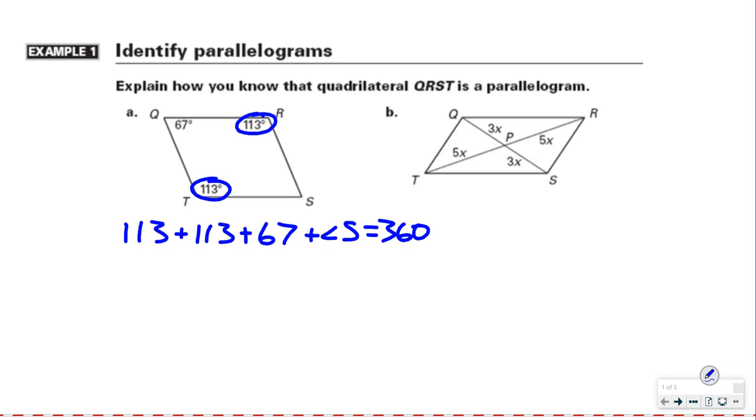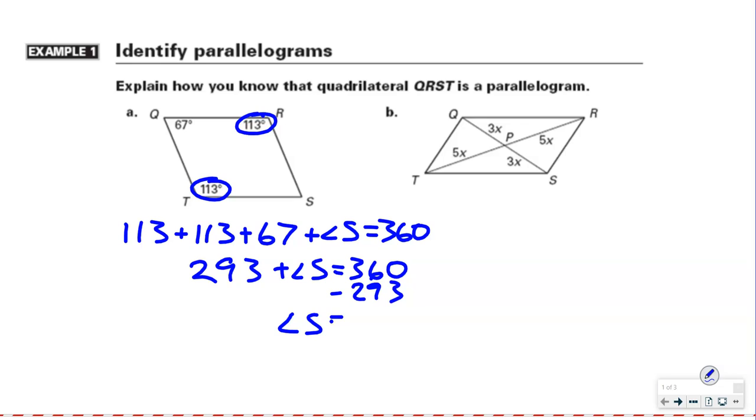So 113 plus 113 is 226. 226 plus 67 is 293. We subtract that from 360. I know that angle S will equal 67.